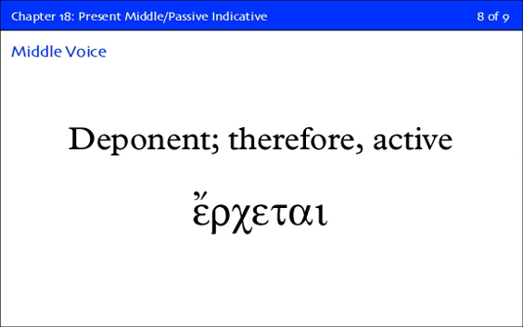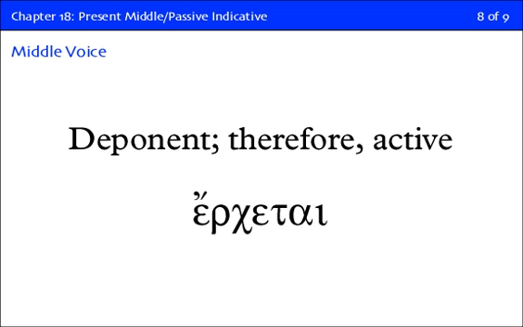Now there actually is a third voice in Greek. There's active and there's passive, and then there's something called the middle. And I've put off for a few chapters any in-depth discussion of the middle. But let me just tell you a couple of quick things up front that you need to know to get through these exercises. First of all, one, there is a third voice in Greek, and we call it the middle voice. Second of all, in the present indicative, the middle and passive are identical in form.